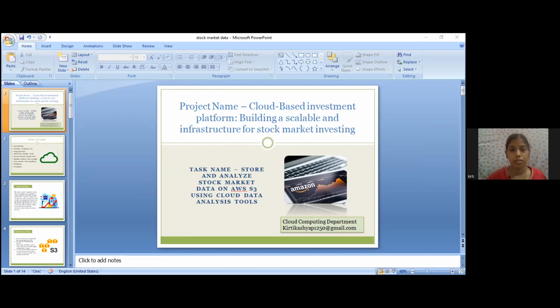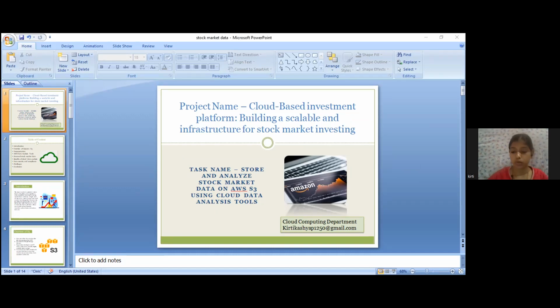Welcome to my presentation. My name is Kirti. I'm from the Cloud Computing Department, and my project name is Cloud-Based Investment Platform, building a scalable infrastructure for stock market investing. My task name is store and analyze stock market data on AWS S3 using cloud data analysis tools.